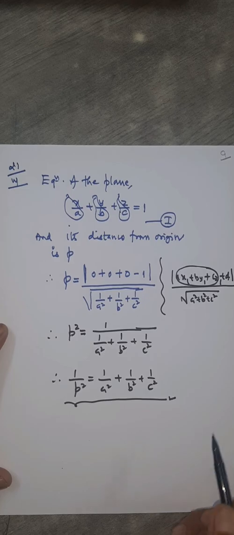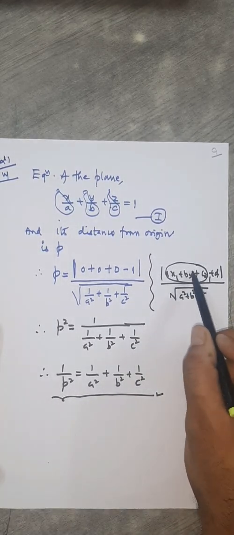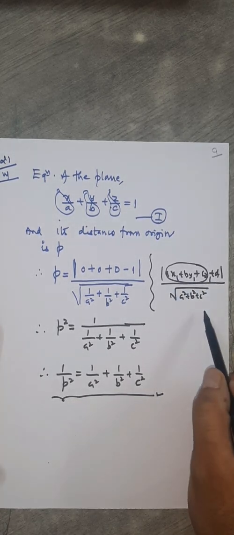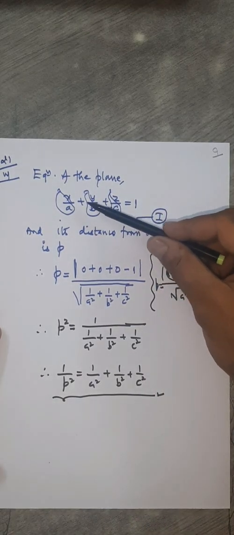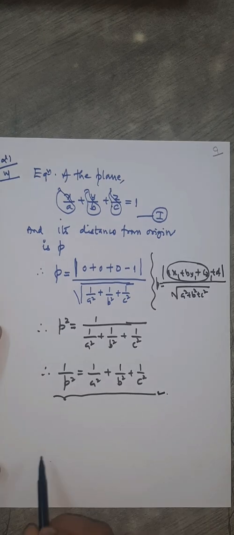That's what you want. You have used just this single formula, the distance of a plane from the origin, so x1, y1, z1 becomes 0. Here the plane is x upon a plus y upon b plus z upon c equals 1. That's what you want.